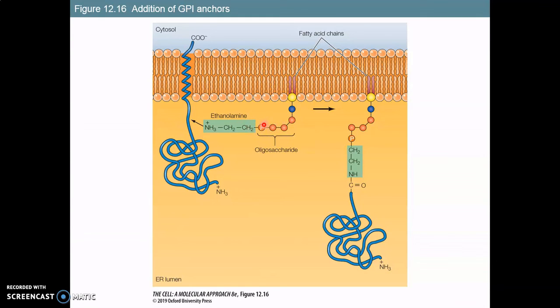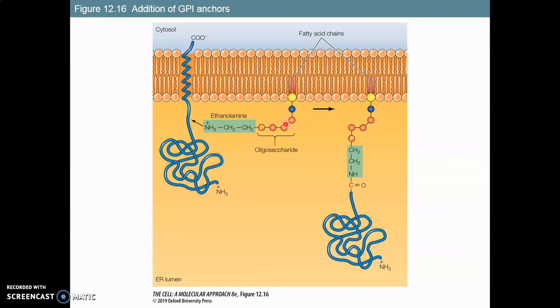And this GPI anchor is essentially a couple of fatty acid chains cross-linked to a series of sugars. And this is just acting as essentially a way of cross-linking a protein onto a phospholipid.